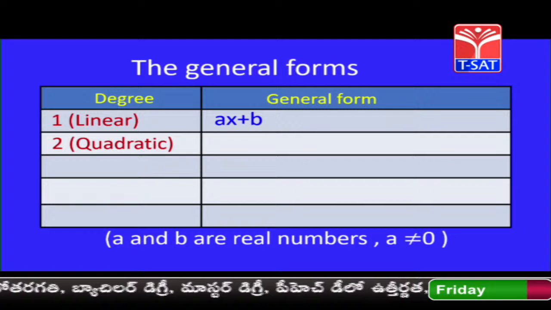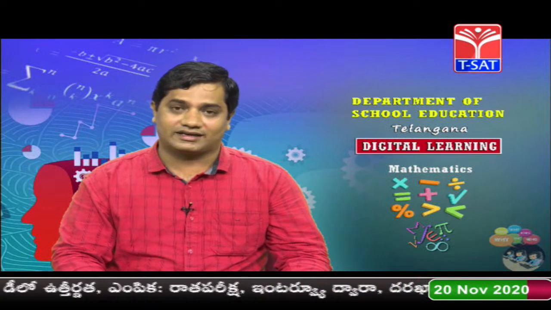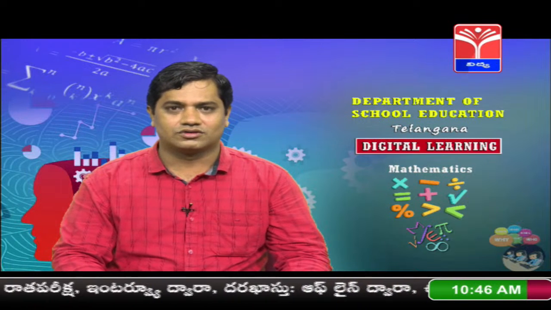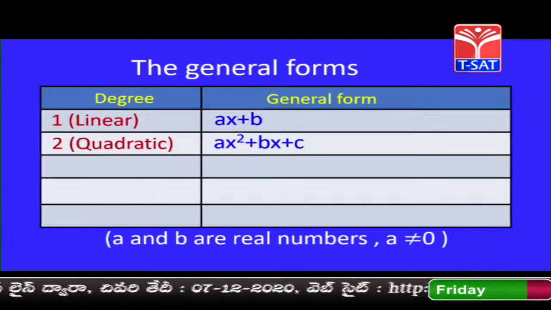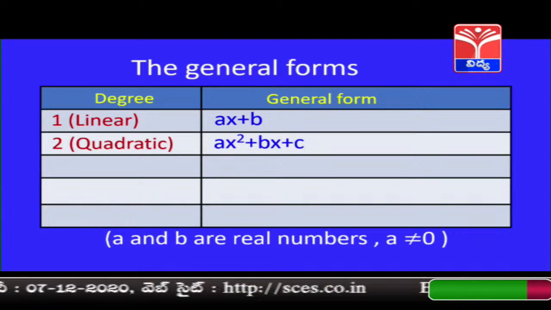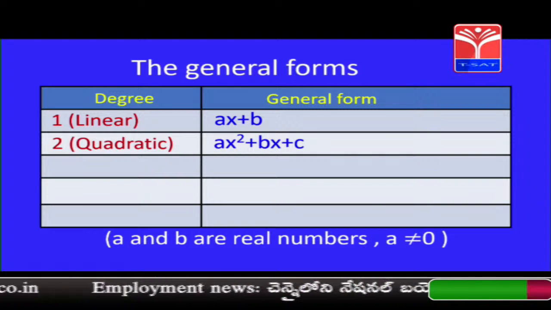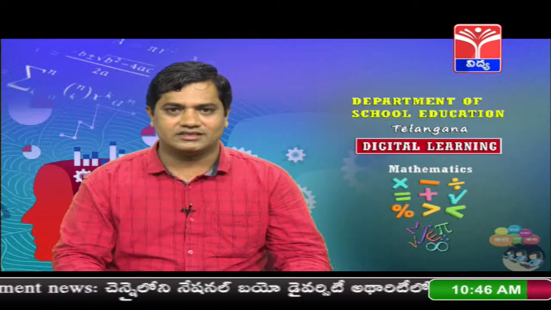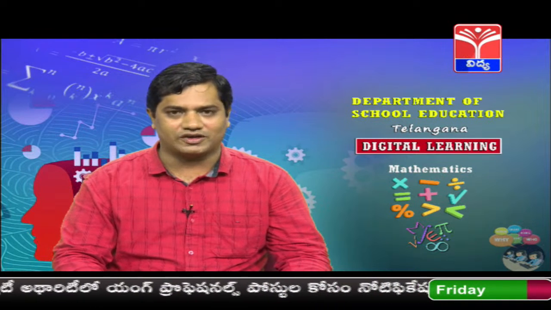Now go to second degree, that is quadratic polynomial, and try to write the general form. So any type of coefficients we can take here. Here I have taken ax square plus bx plus c. This is the general form of a quadratic, second degree polynomial.